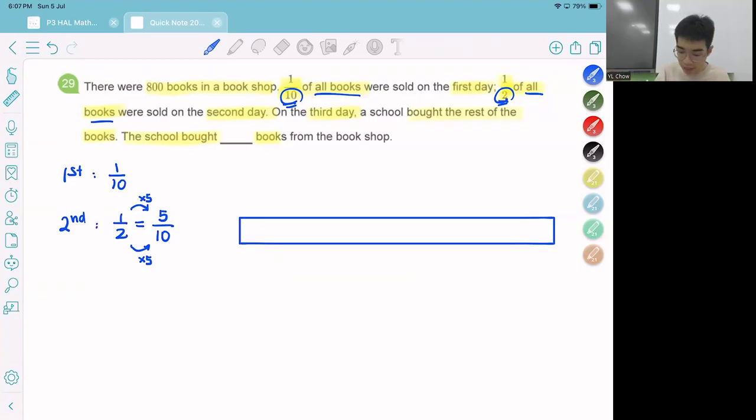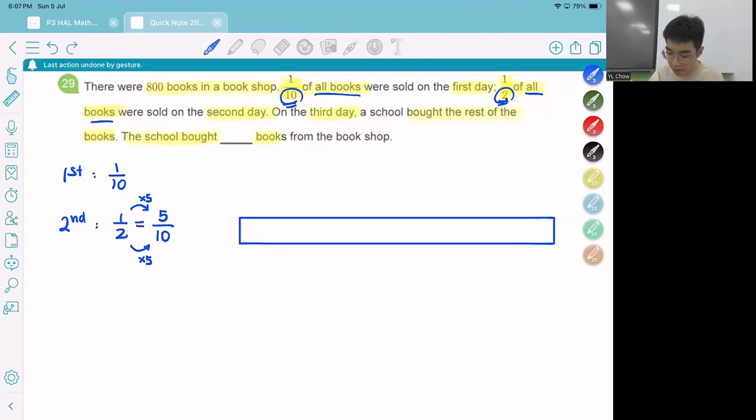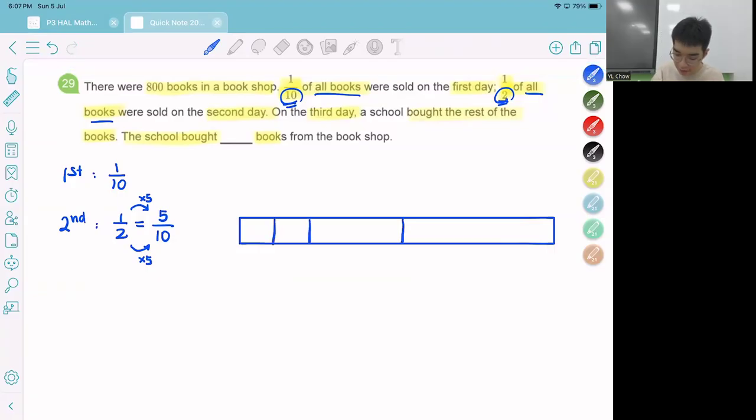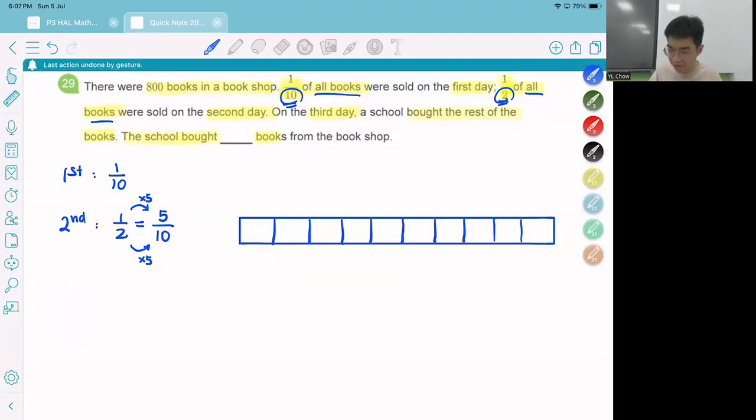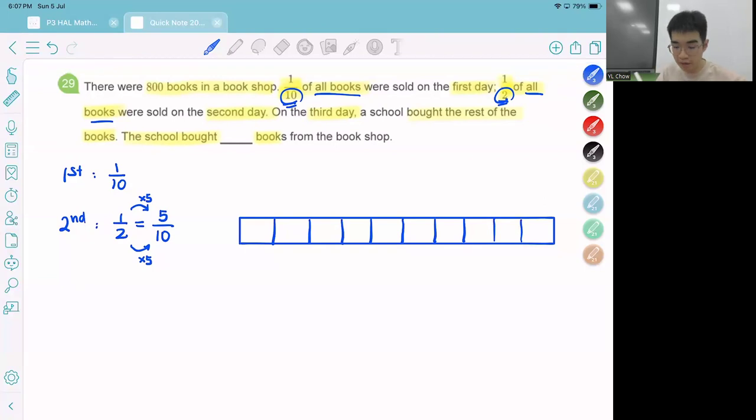That means for the total, I can use a bar model to express it and split it into 10 equal units. Right, let's split into half first. Then each half I will split into 5 equal parts. So in total, I will have 10 units. And you already know the total is 800. So let's label over here.